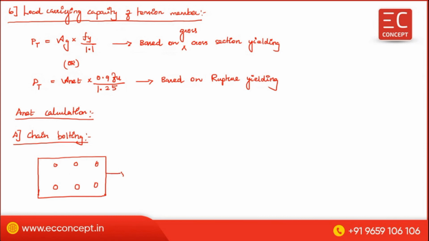For this chain bolting, there is a P. At any section XX, A net at the section XX is equal to B minus number of bolts at the section XX into diameter of bolt hole, into thickness. This is the way to calculate the A net.